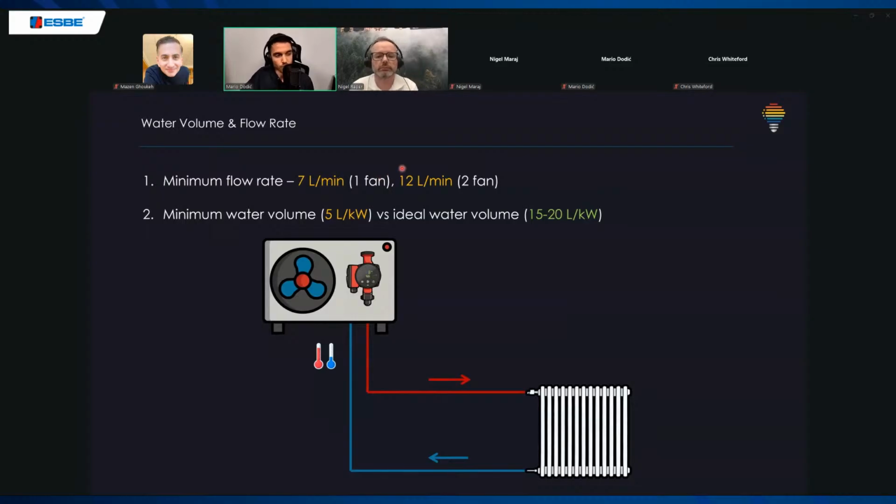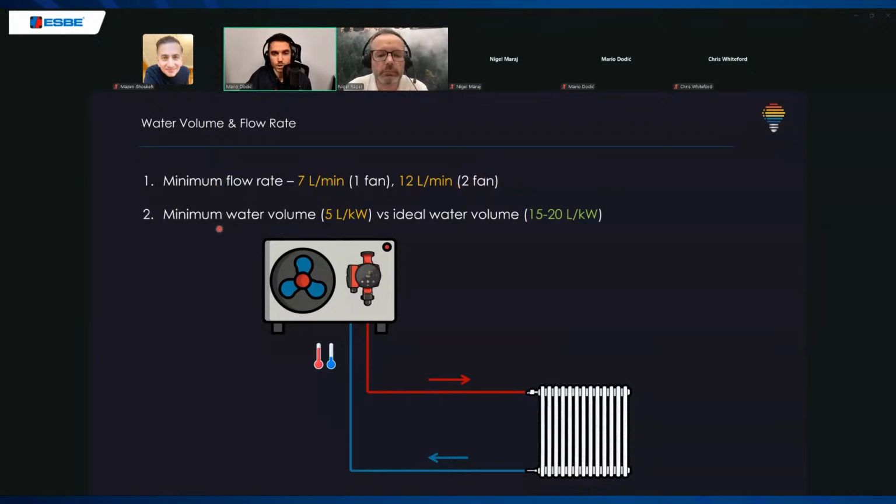And for 2 fan units from 9 to 16, you will have 12 liters per minute. But this is minimum flow rate, so below that, you'll have flow error. We want to have nominal flow rate, so we want flow rate available higher than that, but just for you to know what is minimum.